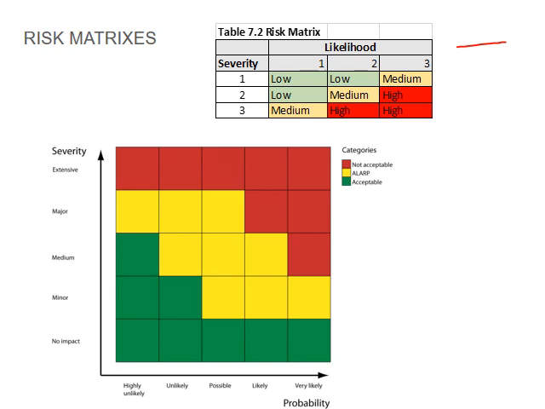So very easily, for instance, you can identify open trenches perhaps as a risk. So you look at the severity, if it's very deep open trenches that you have, and if someone does fall into it, the injury will be quite bad. The severity will have a high rating, and the likelihood that it might happen might be a low, medium, or high. So for instance, if it's in a built-up area, the chances of it actually happening is 2.